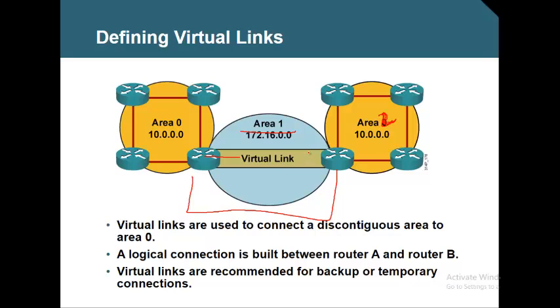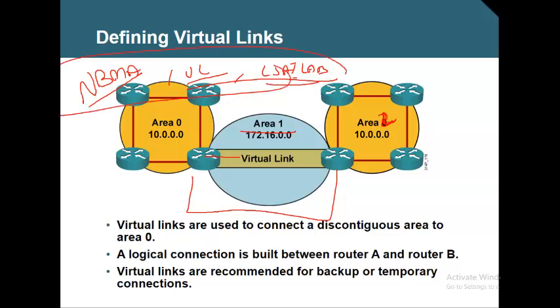Now we are going to see these things in our coming class lab. First, we need to do the NBMA lab, followed by the virtual link lab, followed by the LSA types lab. After finishing all these labs, we'll go to new topics in OSPF.